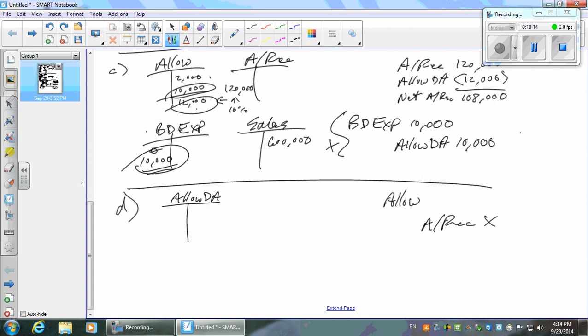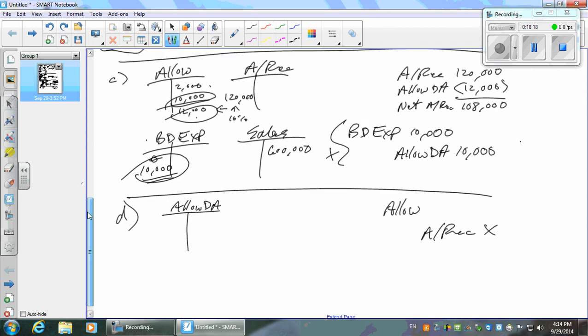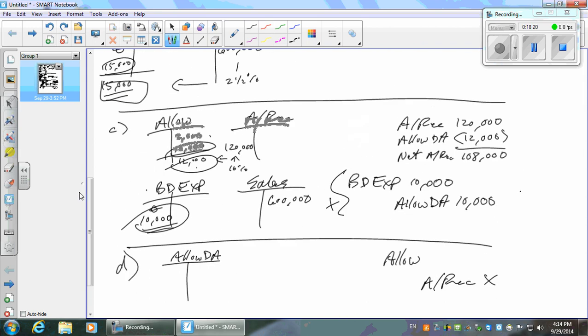Let's say that we had this situation here with 12,000 in the allowance account, right? And my net realizable receivable is 108 because I have 120 of accounts receivable. Let's say I wrote off a $1,000 account. What would the entry be to write off a $1,000 account? What would I debit? Allowance.